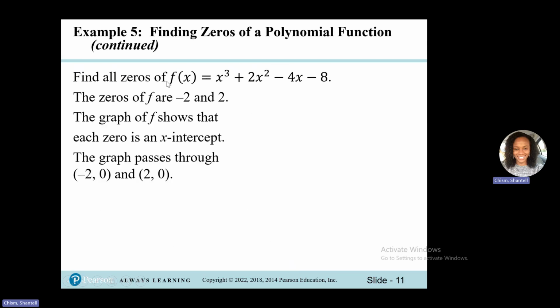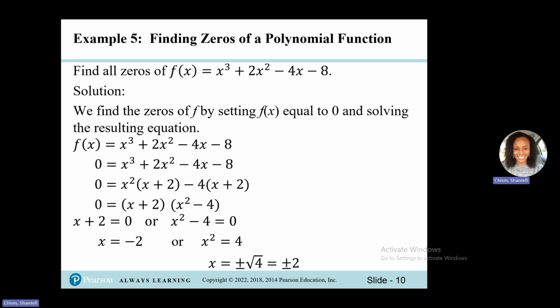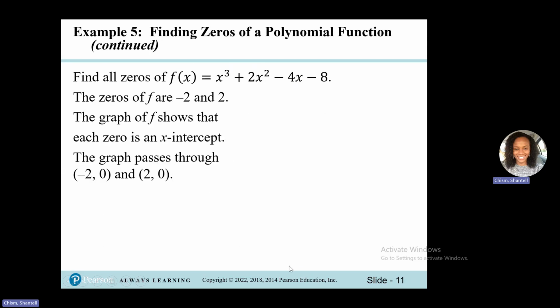So your zeros are -2 and 2, but recall that the -2 actually was listed twice. So it had a multiplicity of 2. It was repeated. Let me go back here. It was repeated because it was here, and then it was also here. So you have two zeros, -2 and 2.